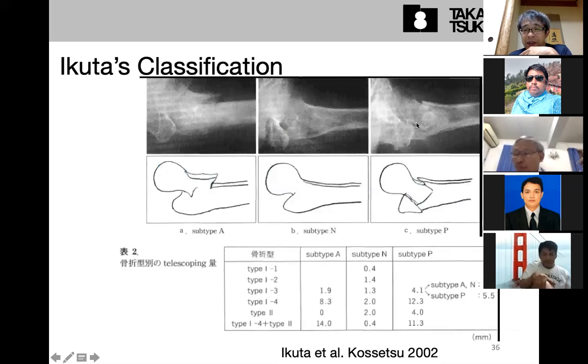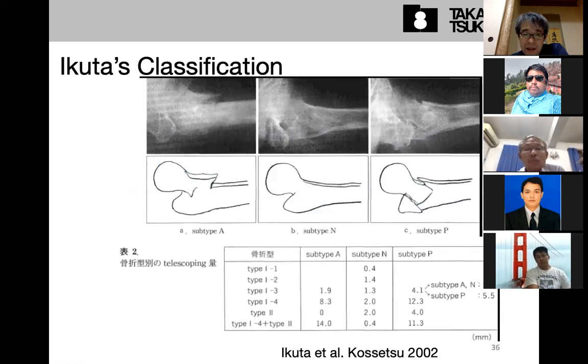In my classification system, this is classified as an impacted fracture. Then he classified these subtypes A, N, and P and compared the sliding length after that.